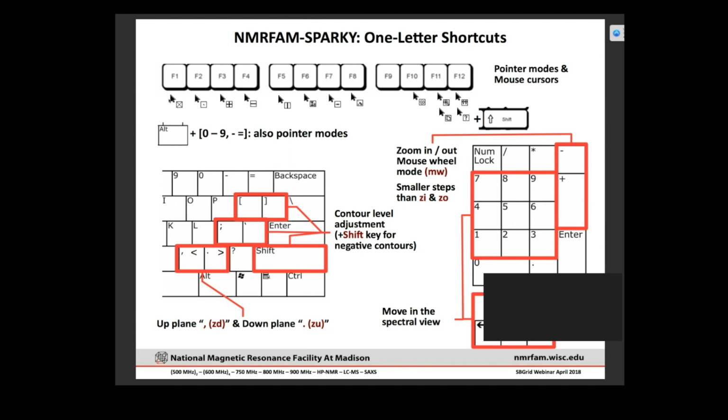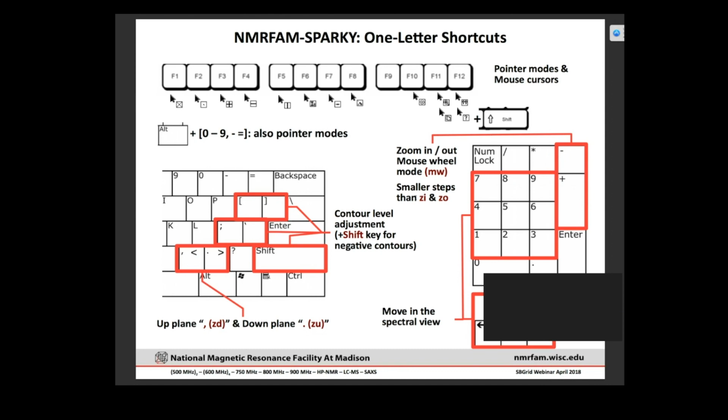You will see this icon when you are in the selection mode. And if you are in the center pointer mode, you see a dot in the center, and so on. So you can really just hide your pointer mode window because you can easily recognize what pointer mode you are in by just looking at your cursor. That is also a useful new feature in NMRFAM-Sparky.